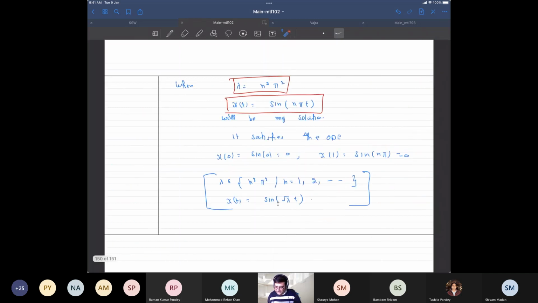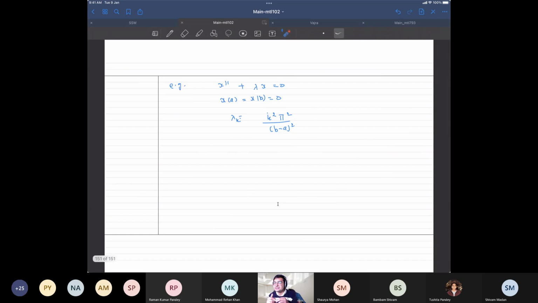Now, as in the linear algebra case, here also we will study some of the properties of these eigenfunctions. The first result and the proof are very similar to the linear algebra case, but with a small twist. And the twist will be clear as soon as I write the statement.